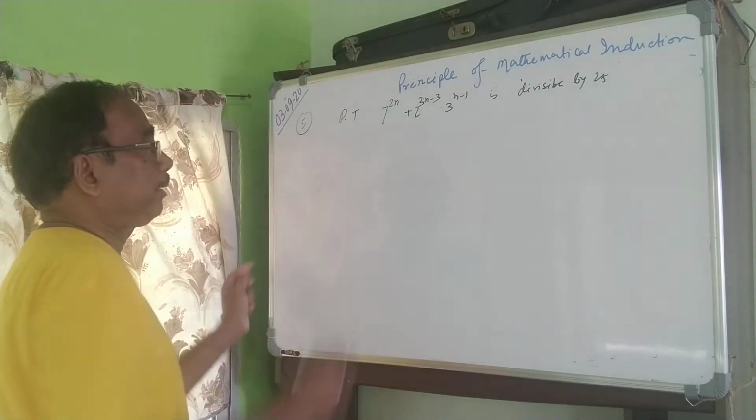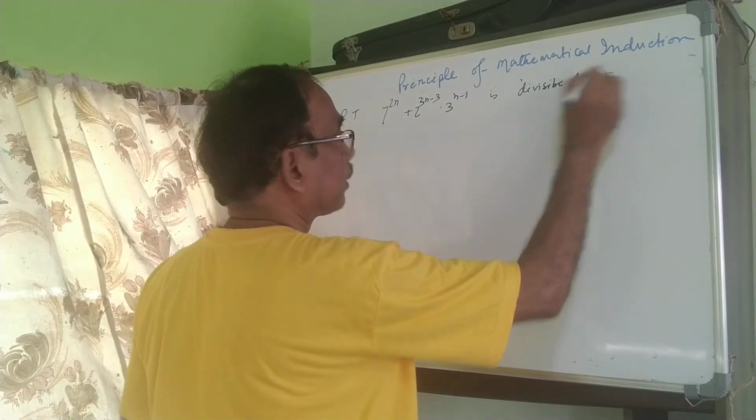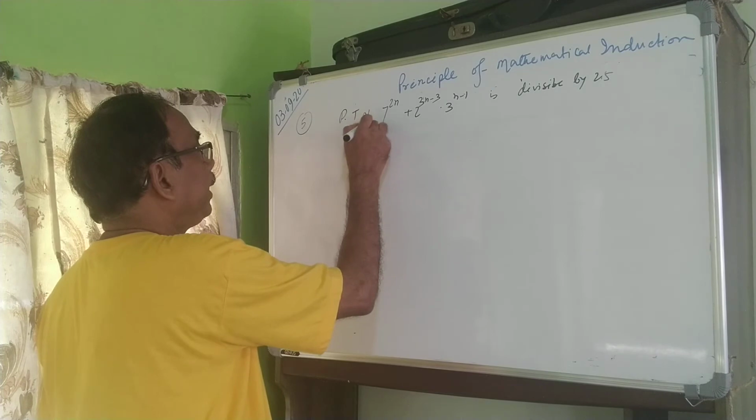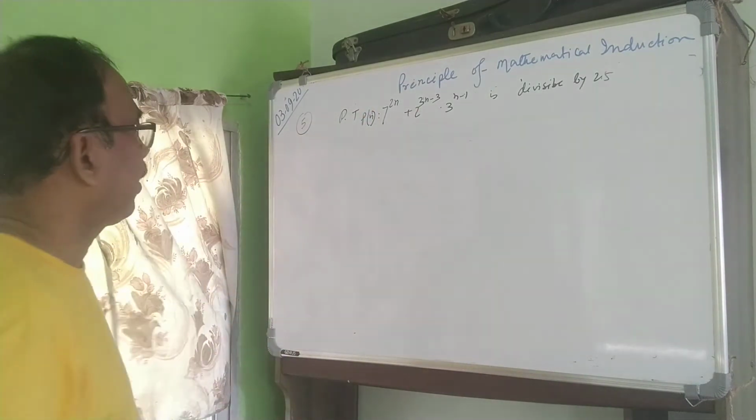This is a statement, divisible by 25, we have to prove it. Let P(n) be the statement: P(n) is this, divisible by 25.